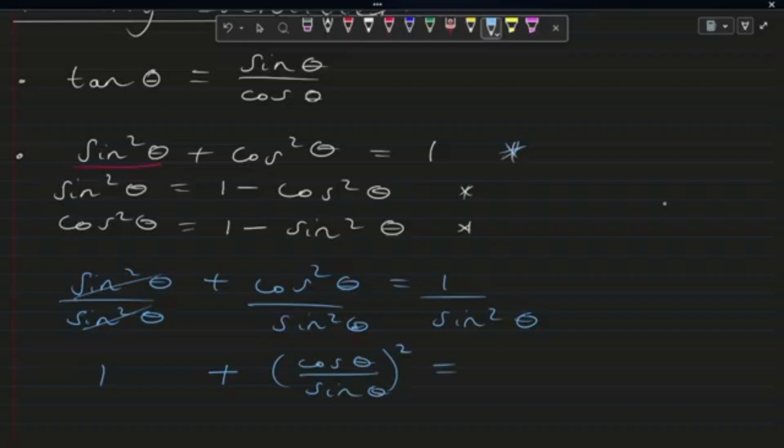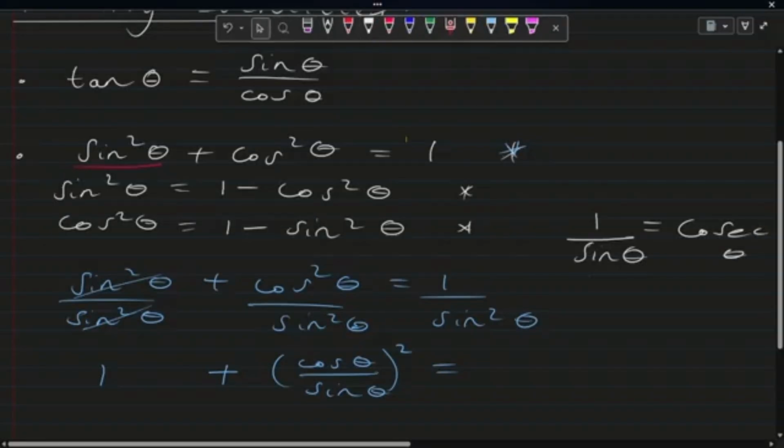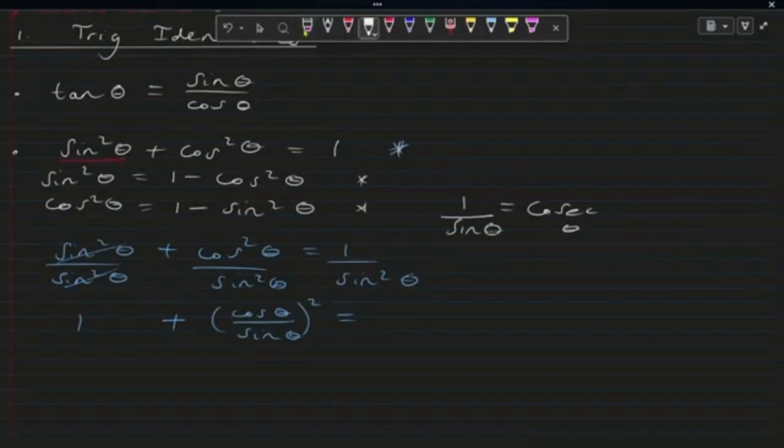And then very importantly, 1 over sine squared theta is equal to what? Now we established in our previous sessions that if we have 1 over a trig ratio, that tells us that we are looking for the reciprocal of that particular trig ratio. So 1 over sine theta is basically the reciprocal of sine theta, and that is cosec theta.